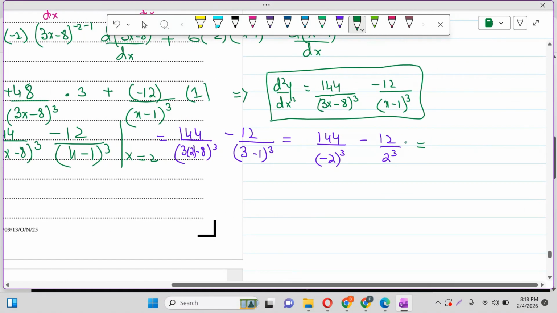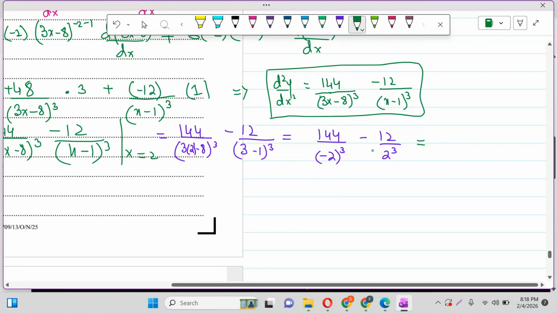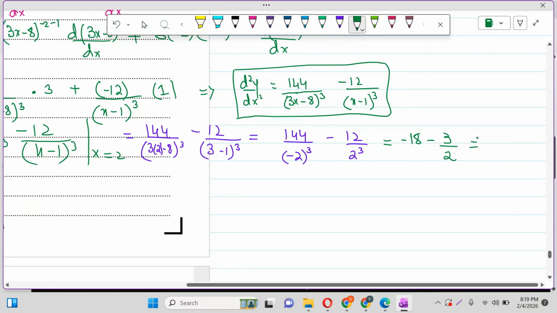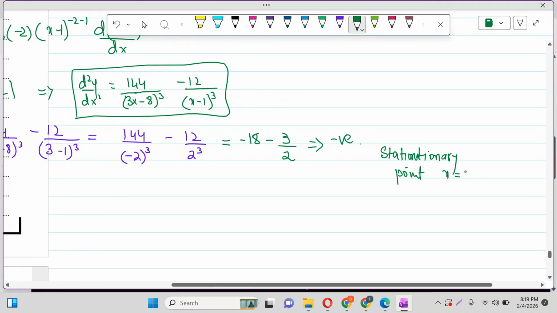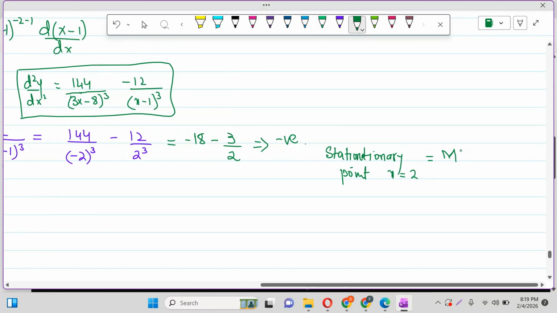So this one is equal to 144 divided by negative 8, which is negative 18, minus 12. So this value is negative. So we can say that the stationary point with x coordinate equal to 2 is a maxima, because this is negative. So we have the maximum point.